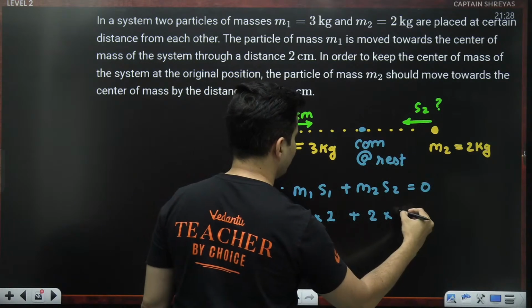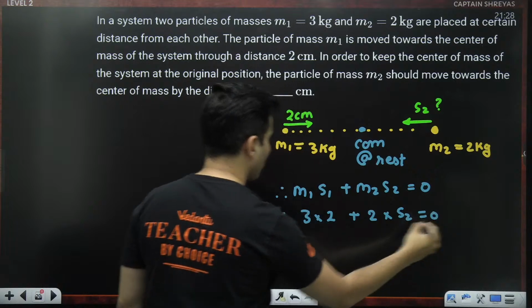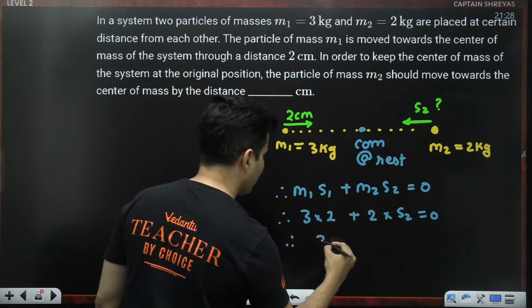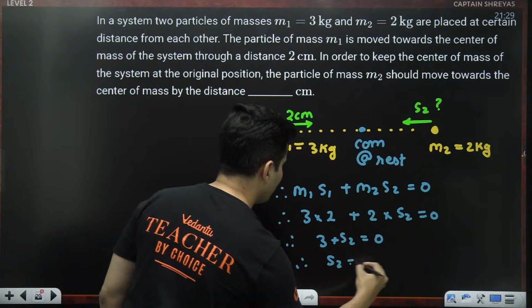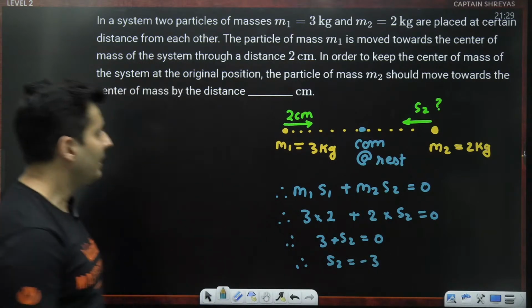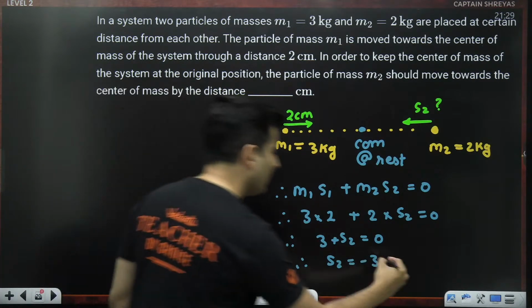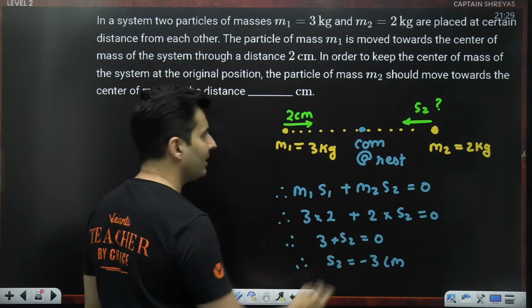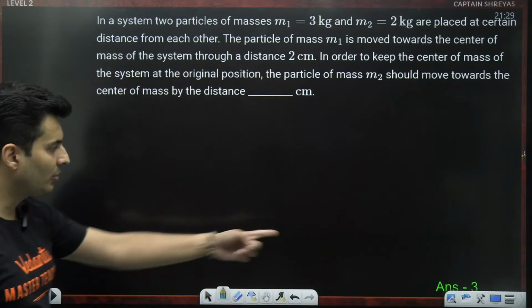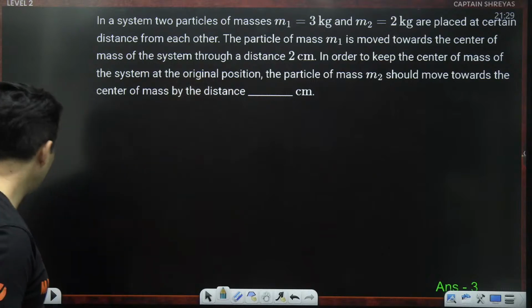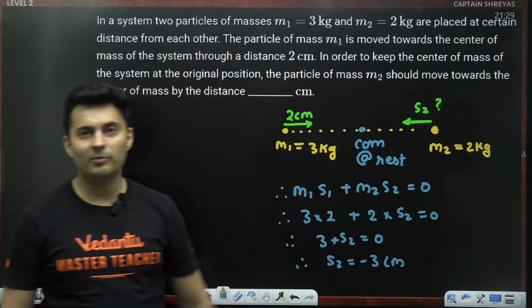What is displacement 2? I do not know. 2 cancels, so 3 plus S2 is 0. Therefore, S2 is basically -3 centimeters. Why this negative? Because you are going towards the left side. Otherwise, there is nothing great in the problem. Answer is 3 centimeters towards the center of mass.